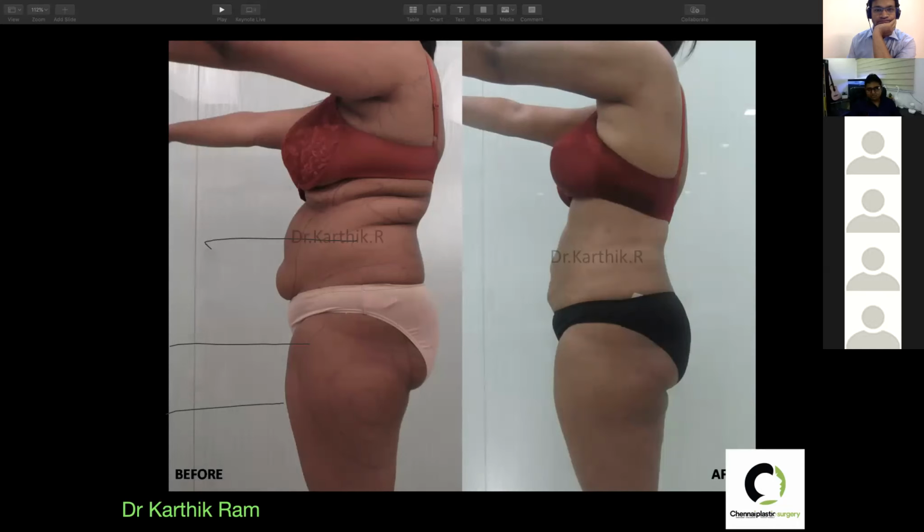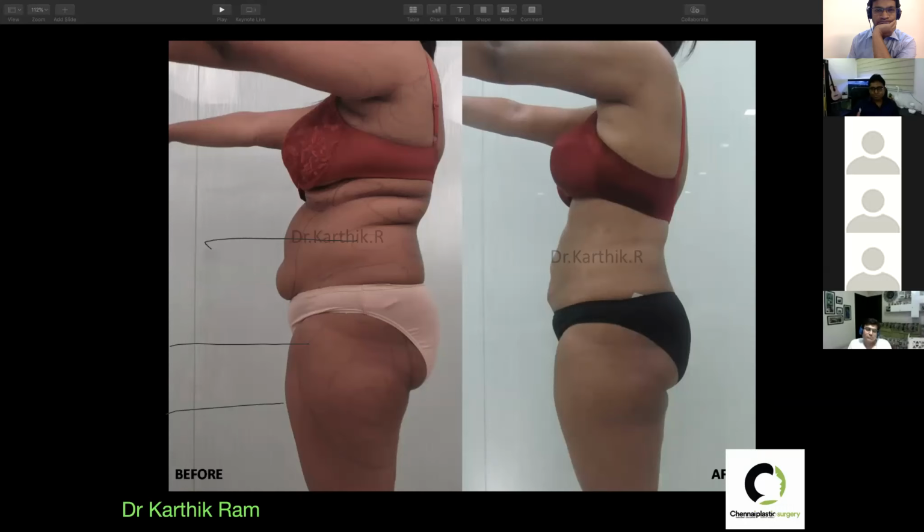It's pre-pregnancy, before marriage. Obviously, we don't want to do a tummy tuck. Even without a tummy tuck, the skin tightening is much better in all the areas. The same story here also. She lost weight along with the liposuction, maybe 7-8 kg. Only then do you get this kind of result.